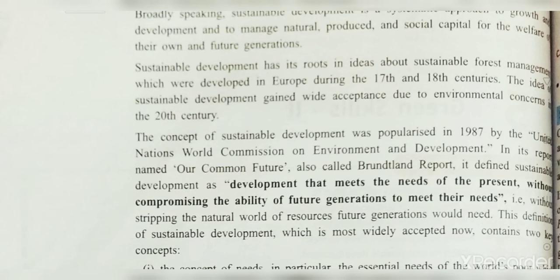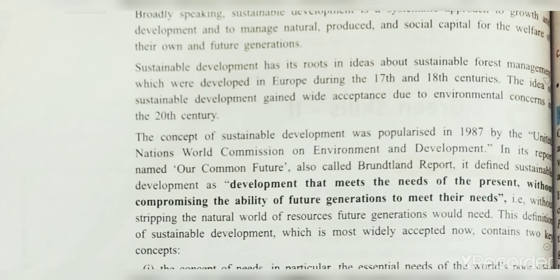How much you want, you can take in a particular process and particular manner. Don't compromise with the next generation. The next generation will take their own resources and they will develop, right? So right now, how much you need, that much only you can take from nature and use. Don't think that our future generation also wants these resources and we have to leave them.